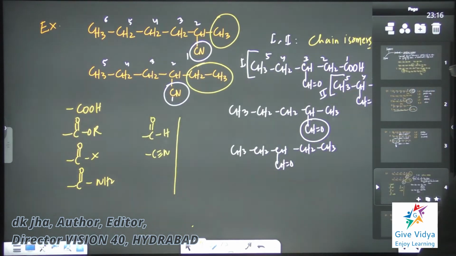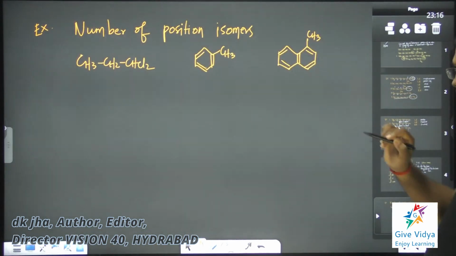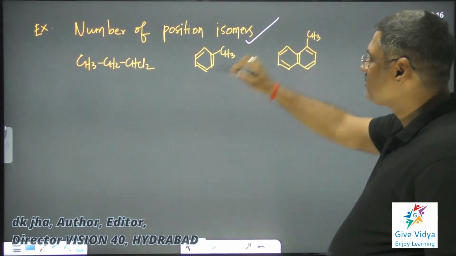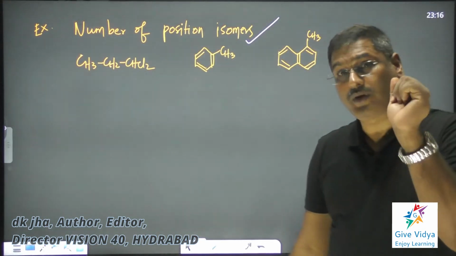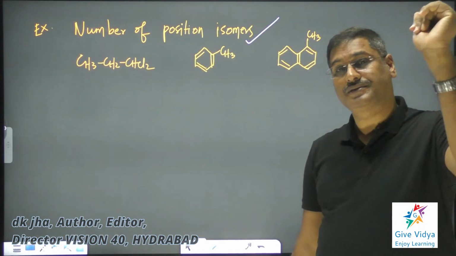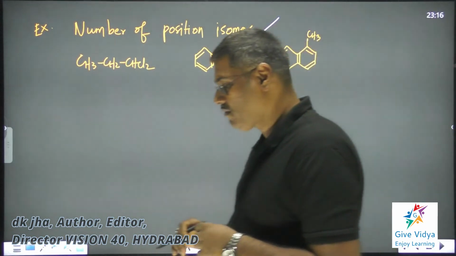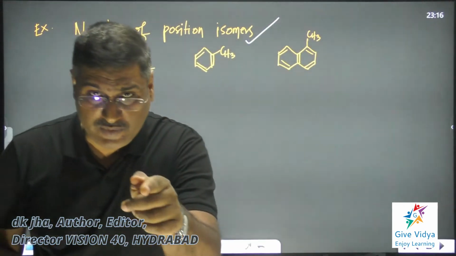We will discuss here the other aspect of position isomers, that is the number of position isomers. This is also important. Questions are asked like this. Find the number of position isomers. One misconception I am telling you.